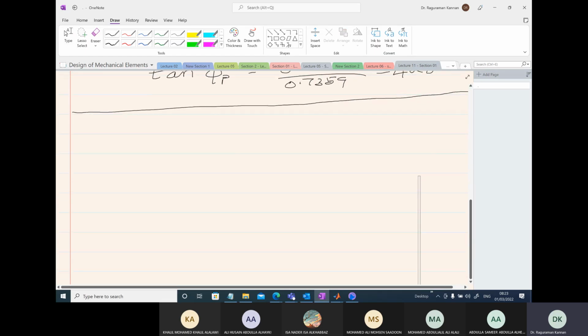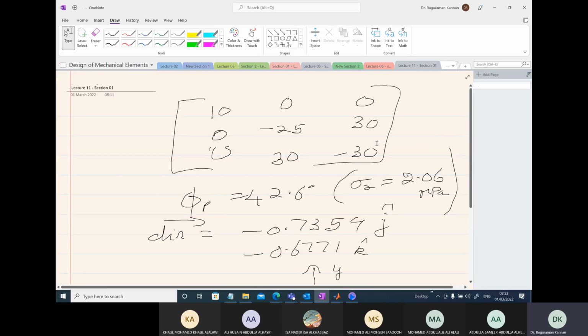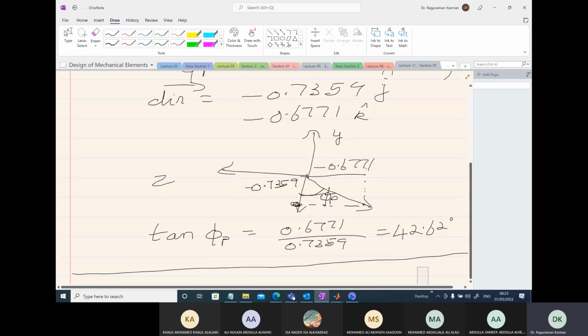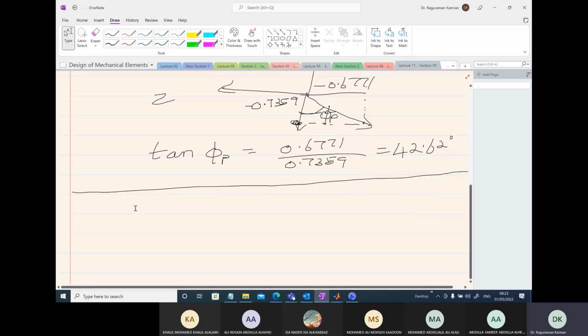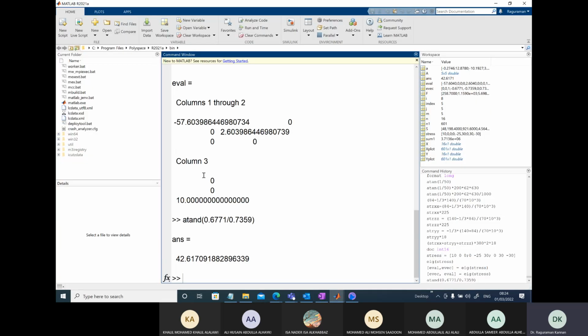Now let's go to the next problem, where we have to get the maximum shear stress and maximum shear stress directions. This is the same matrix which we are going to use to solve and get the maximum shear stress value. So what is the maximum shear stress? In 3D problems, you have to arrange the principal stresses in this order. And we have the values from here.